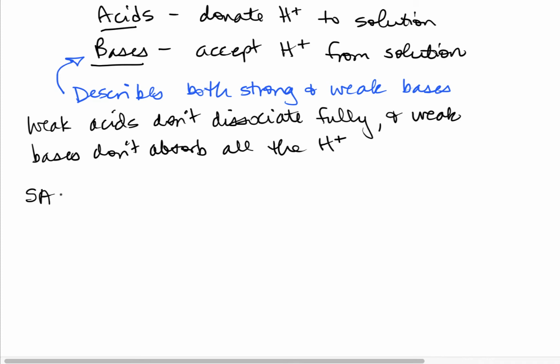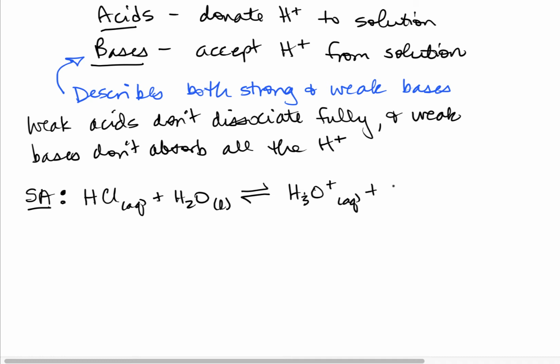So if we think about a strong acid, and I'm just going to use SA as my abbreviation here, like hydrochloric acid, if we think about it interacting with water, we can write this as an equilibrium system, because we can write every single system as an equilibrium. But the K for this reaction is huge.